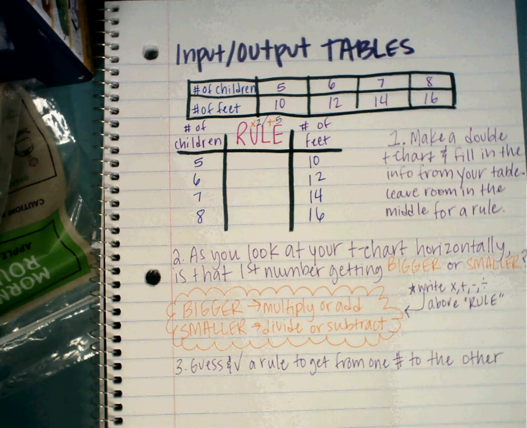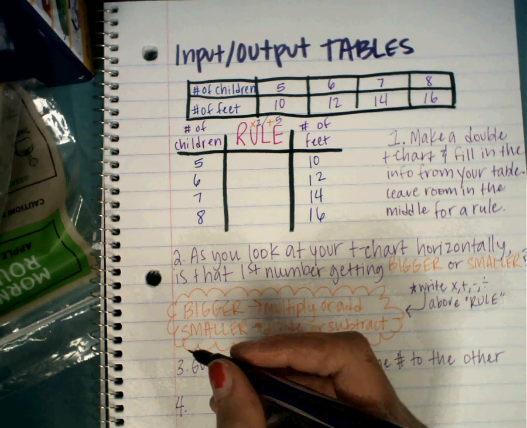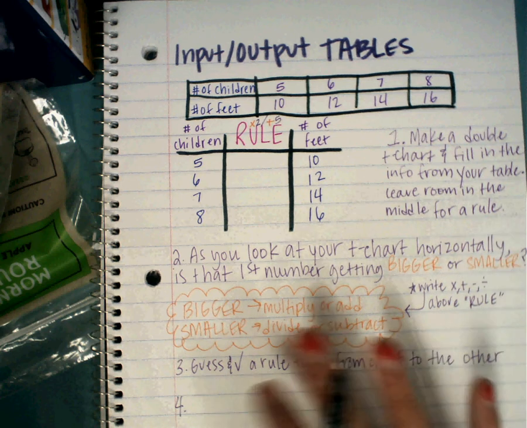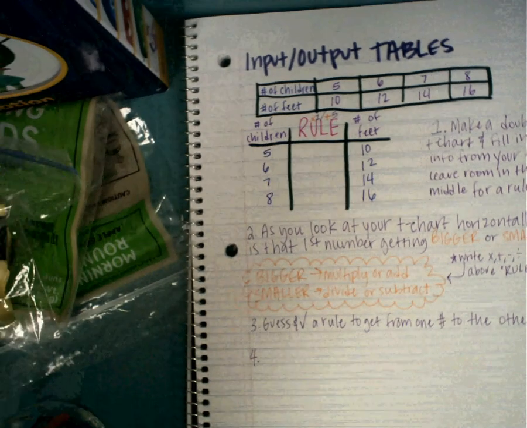So what's going to happen is step 4, which is that you have to check the rule that you pick, that you're guessing and checking. Okay.